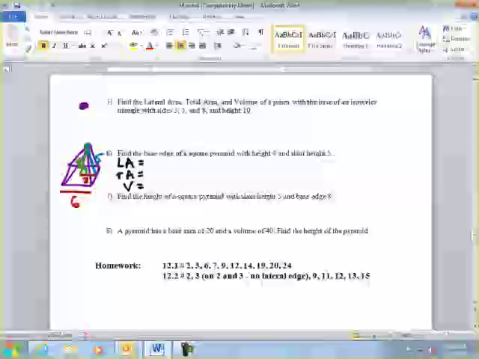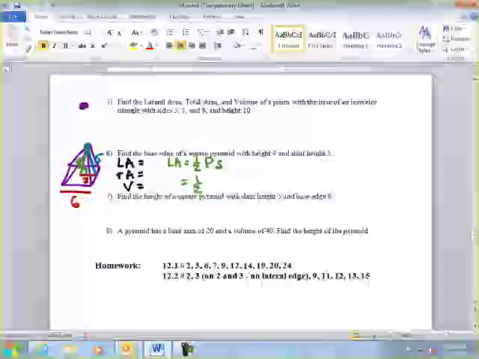Lateral area, the formula on the sheet, which does not need to be memorized, our area formulas do not need to be memorized, is 1/2 perimeter of the base times the slant height. So 1/2 perimeter of the base.